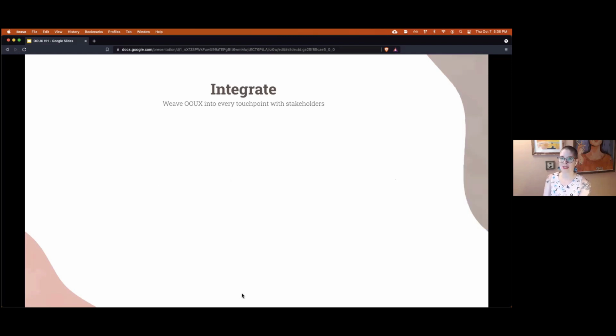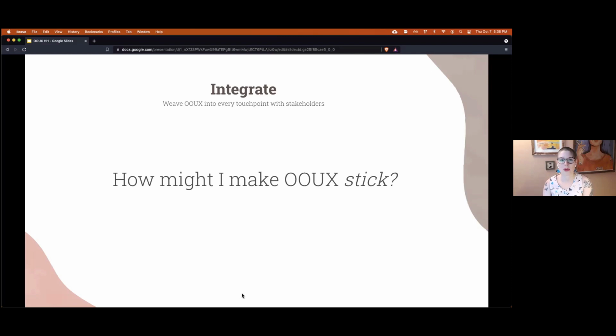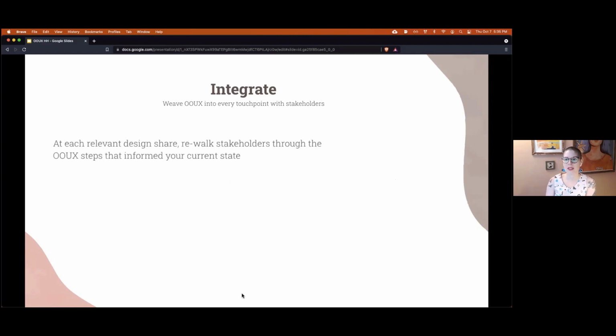I wanted to mention it's sometimes really hard to remember concepts that are taught one time. So even though your stakeholders have attended this really cool multi-day thing, they still might not remember everything that goes into OOUX. Here, this is something that has worked for me: at each relevant design share, re-walking stakeholders through OOUX.